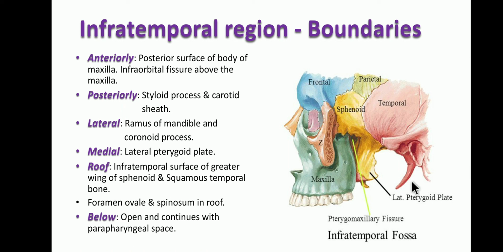Below, it is open and communicates with the parapharyngeal space, the space present on either side of the pharynx, because, as I told you, the lateral wall of the pharynx is also the floor of the infratemporal fossa.